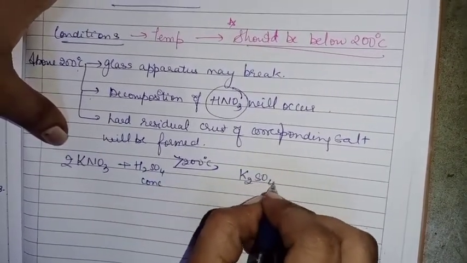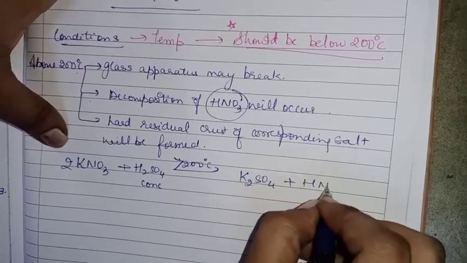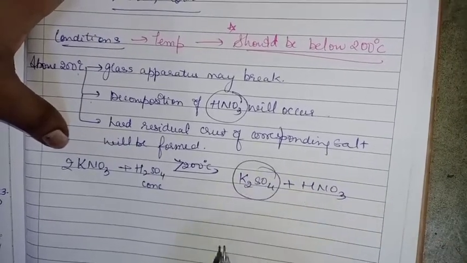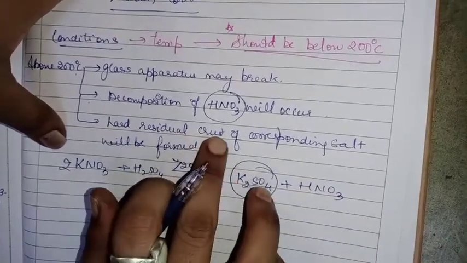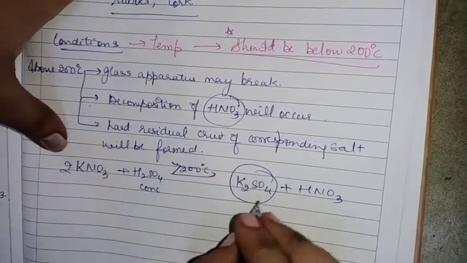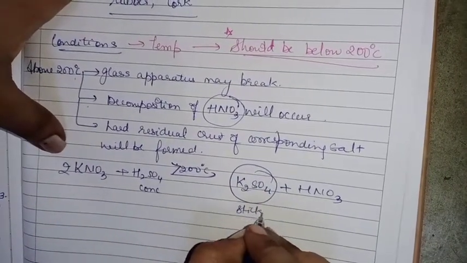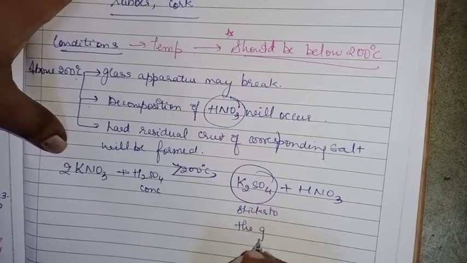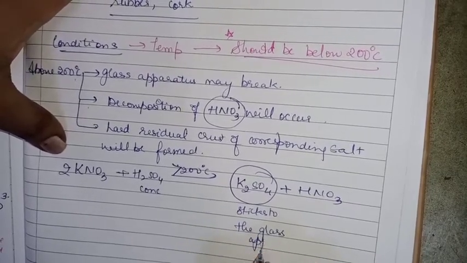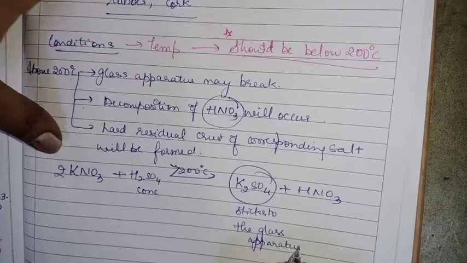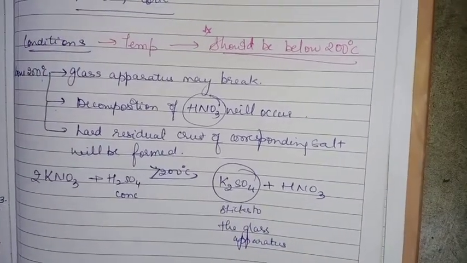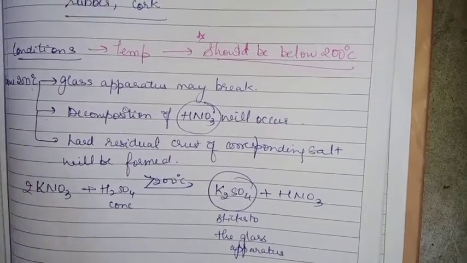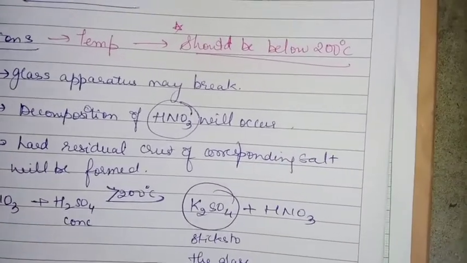So what will form? Potassium sulfate plus HNO3. Now this potassium sulfate is a hard residual crust. It will stick to the glass apparatus, and then washing the apparatus becomes a problem. To clean the apparatus will become difficult. Similarly with sodium also, children.